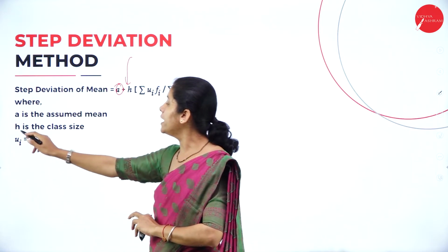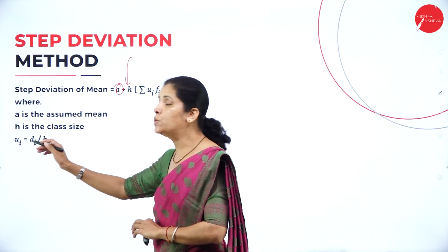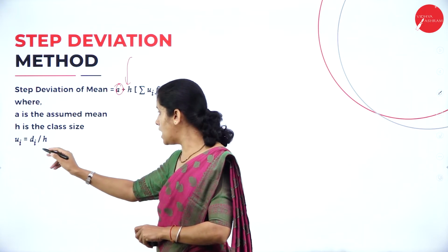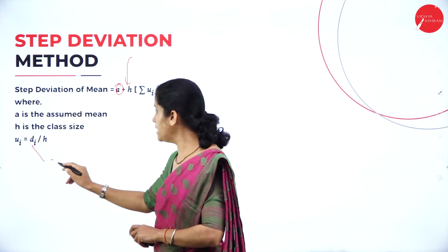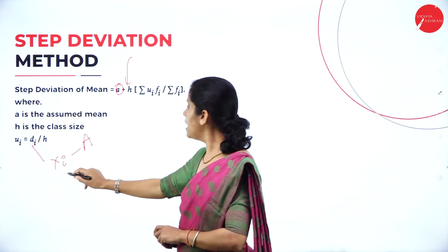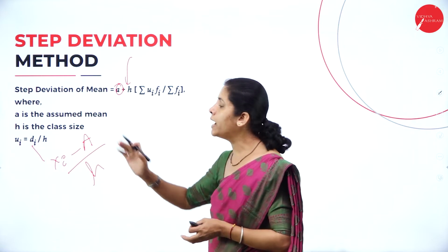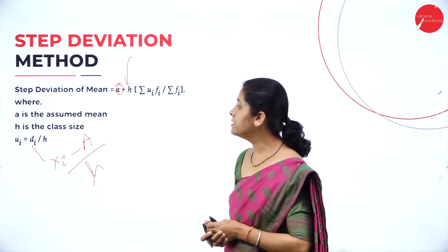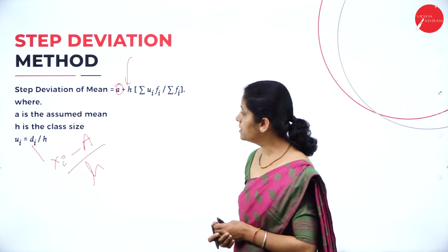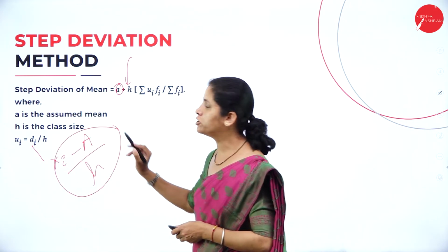Then what about h? h is nothing but the class size. u is nothing but di divided by h. So here ui is nothing but xi minus A divided by h.